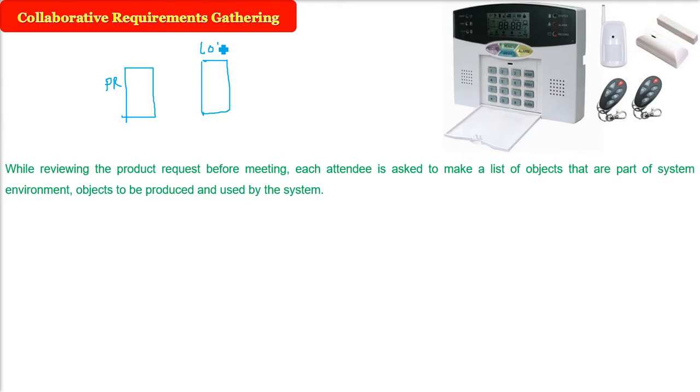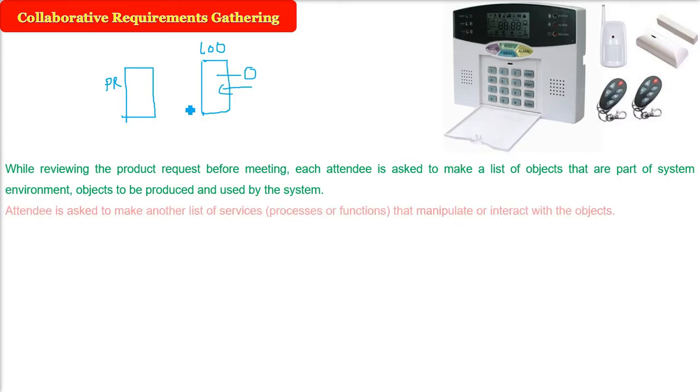First is the list of objects, because you are anticipating a system. What will be the list of objects? I'll tell you examples, but let us first understand that 3 lists are to be produced.